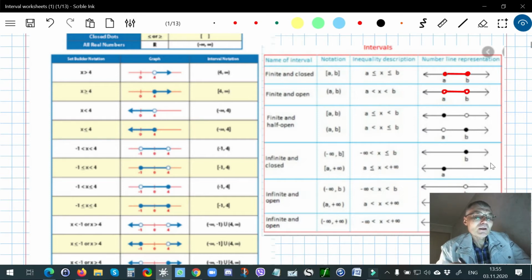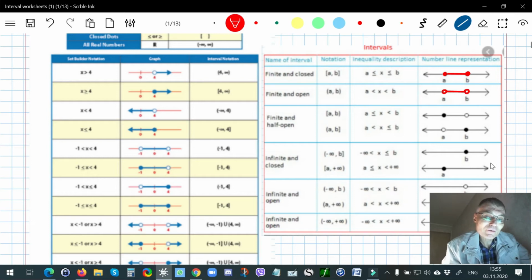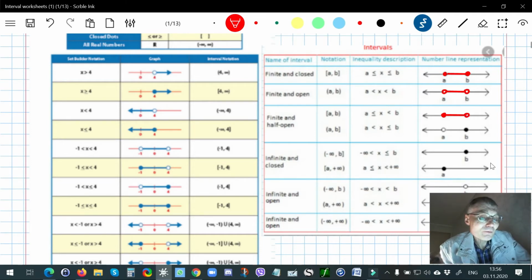So here we have, in this case, let us draw again. This one is solid, it means colored, it means we include A at the beginning of this interval. And this one is empty, it means that we don't include B. And vice versa, the opposite.